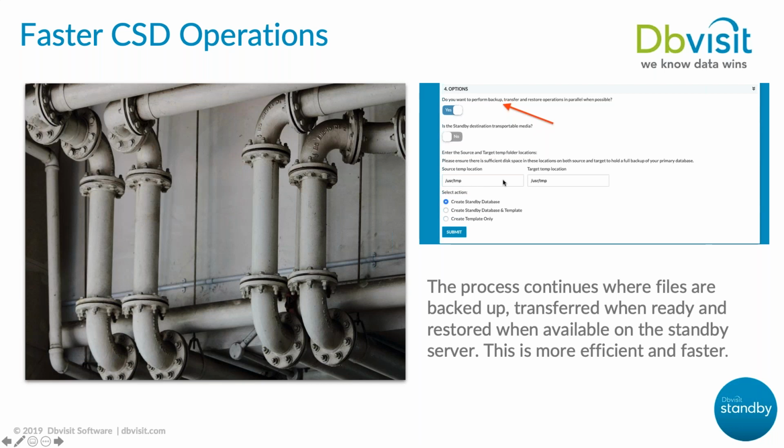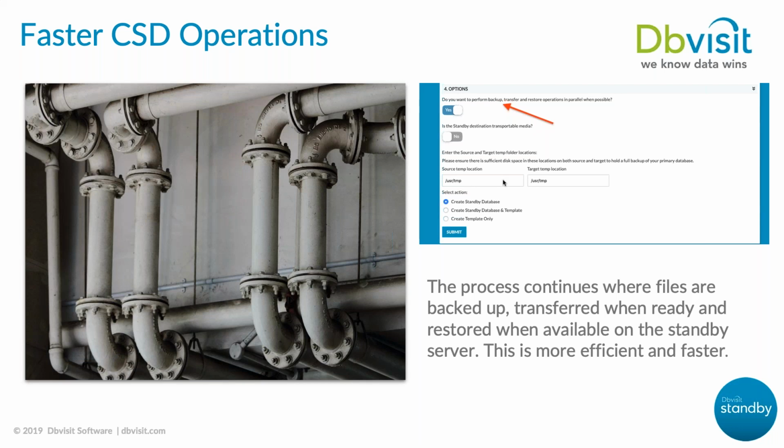When the backup is created, it is done on a file by file basis. Once the first file has completed its backup, we will continue with the second file, but we'll start transferring that first file that was finished with the backup. We will start the transfer of that already.